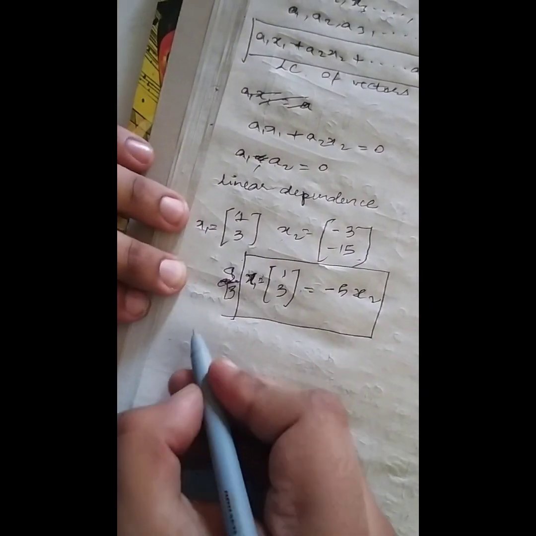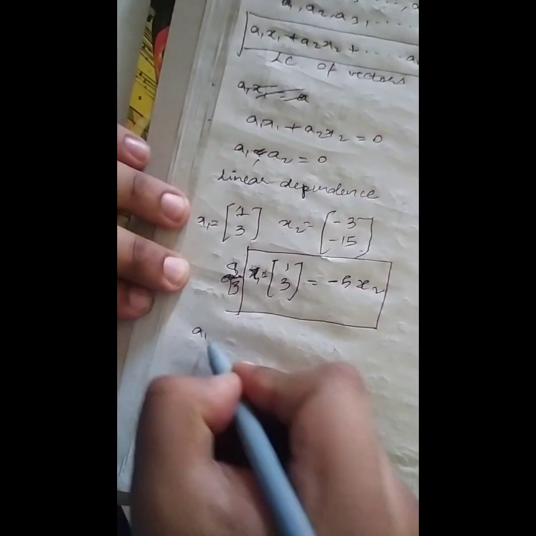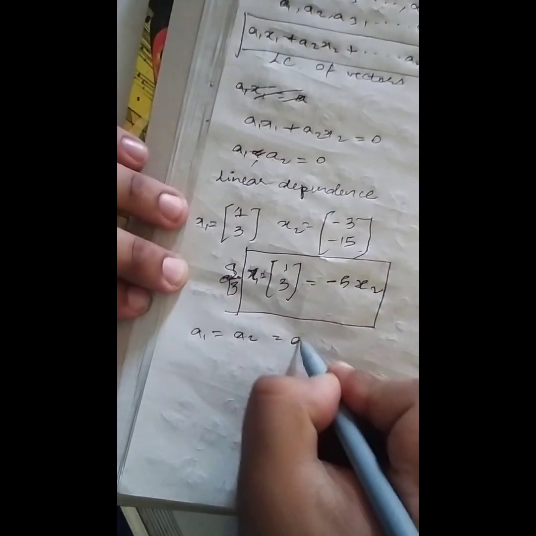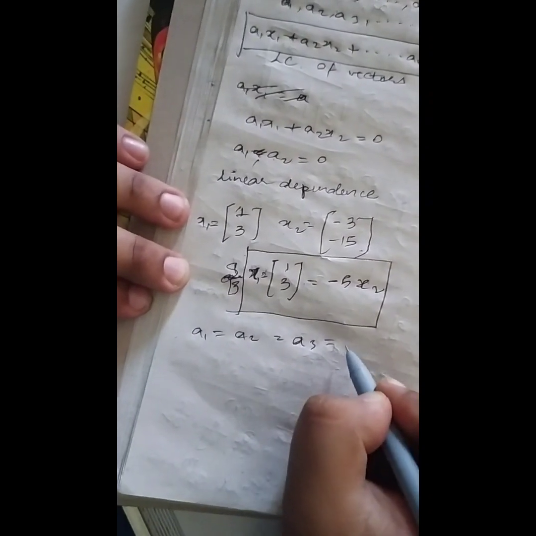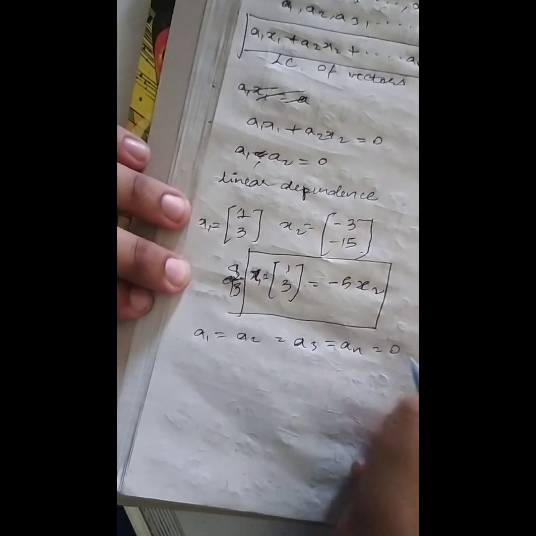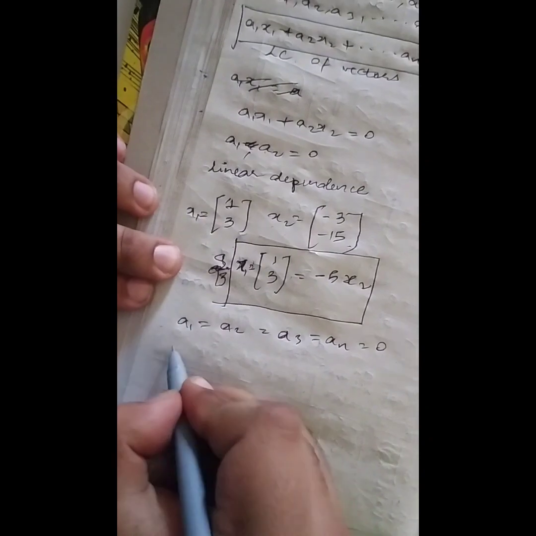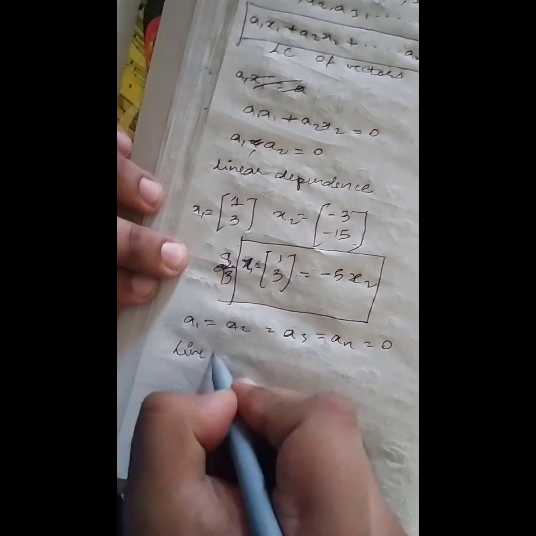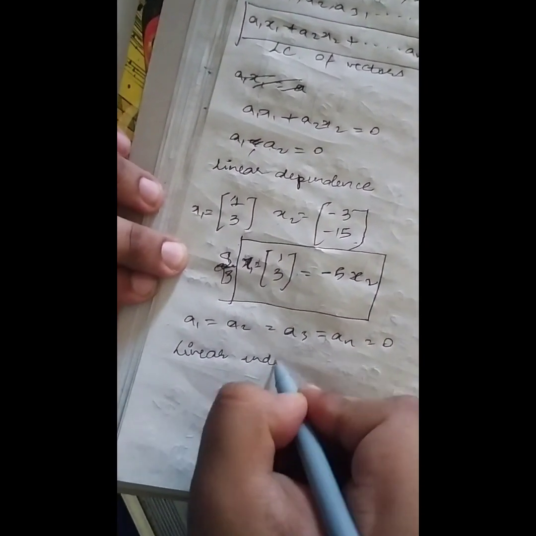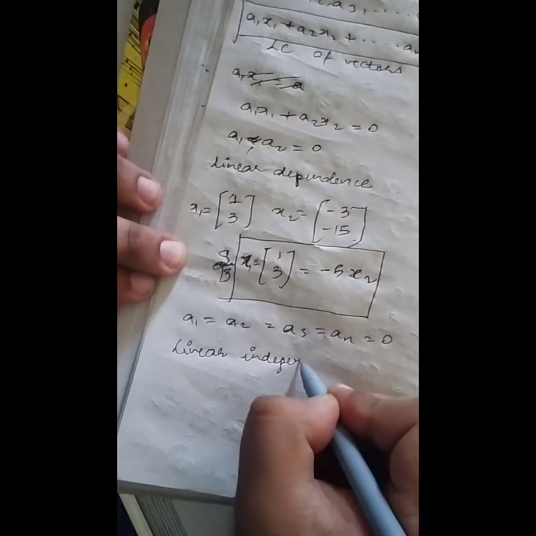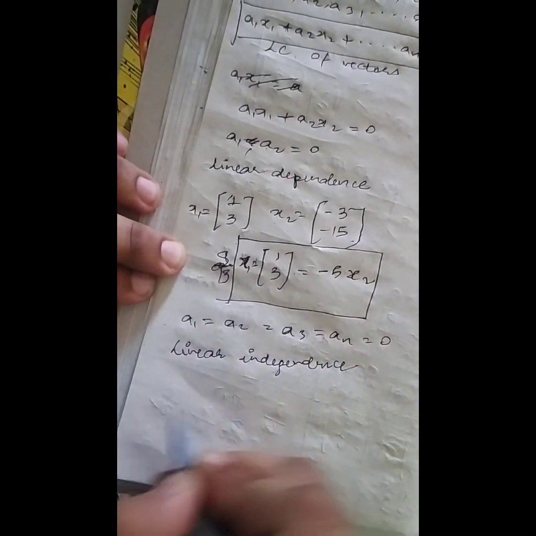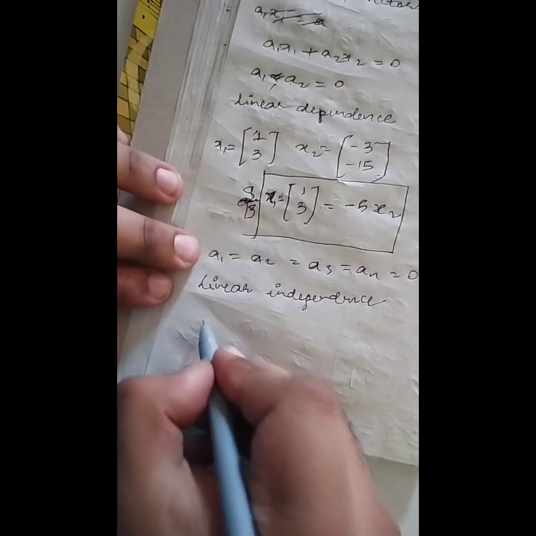Moving to linear independence, a1 equals a2 equals a3 so on till an must equal 0. This is the condition for linear independence. We'll take up an example again.